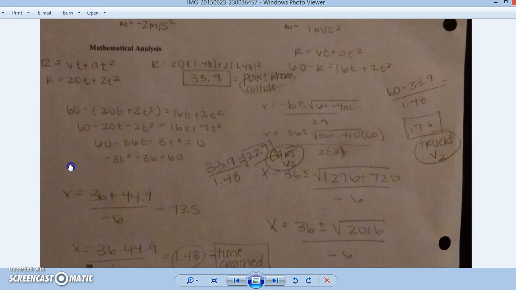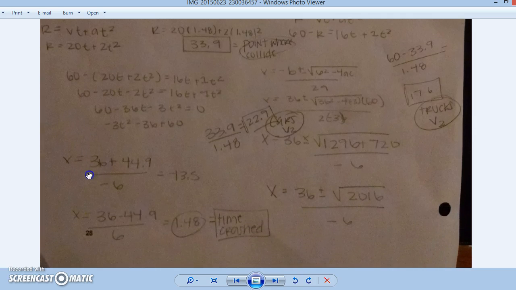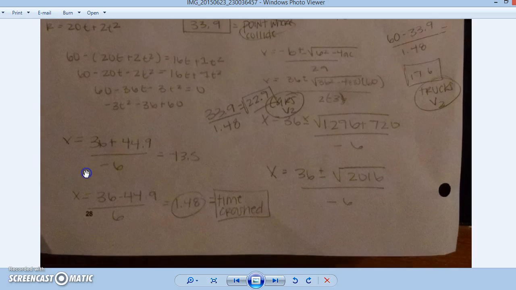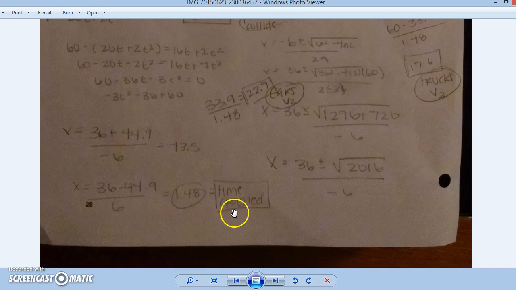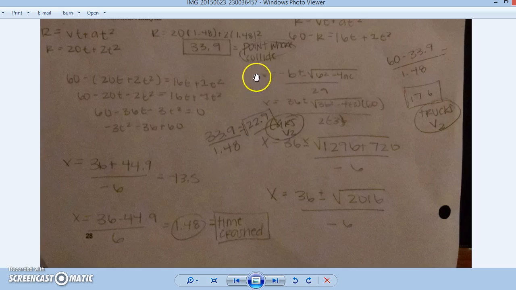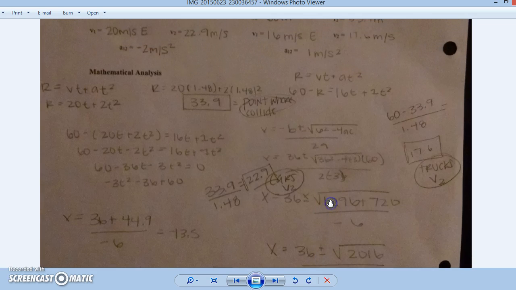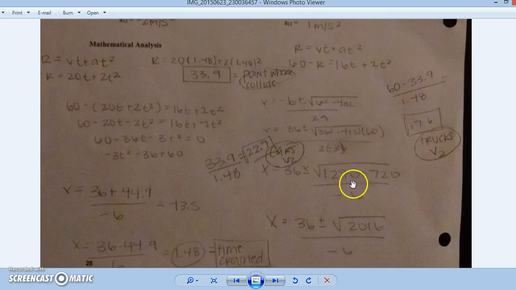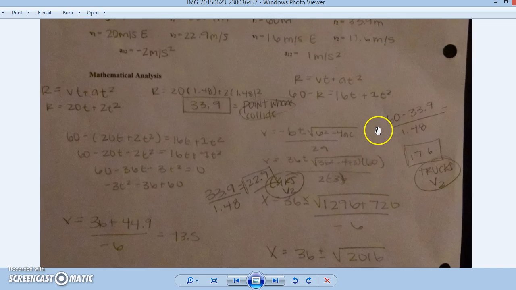And so you can see my quadratic equation working its way down. There's the time where they crashed. There's the car's velocity. You can see the quadratic equation working its way down. And then I plugged those answers. See, there's still working its way back down.